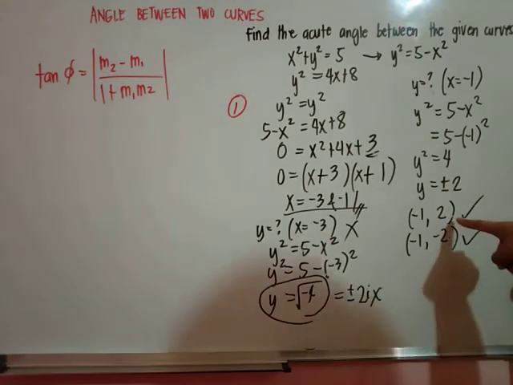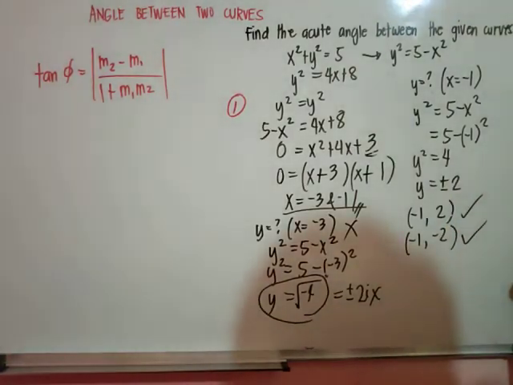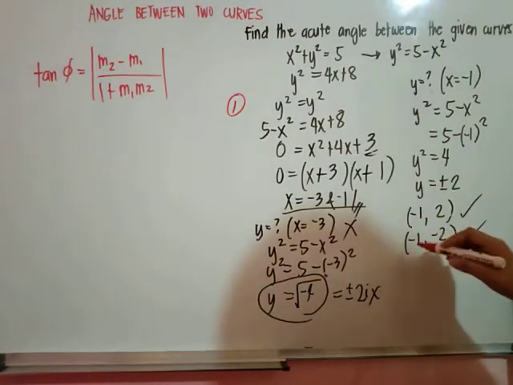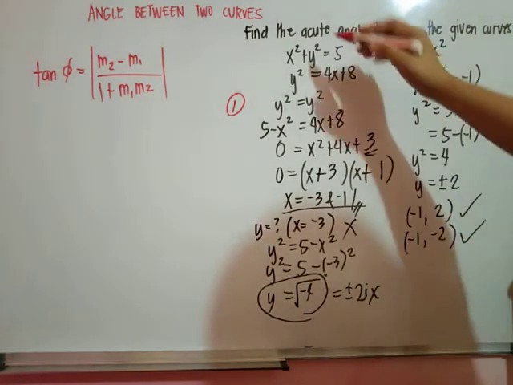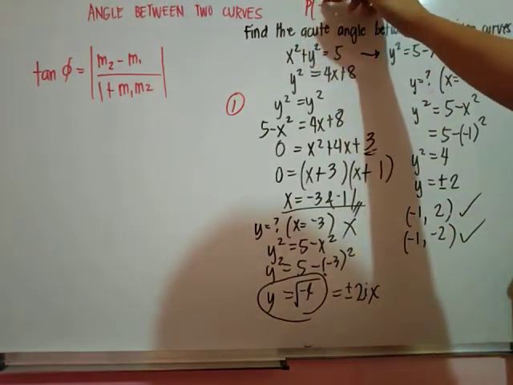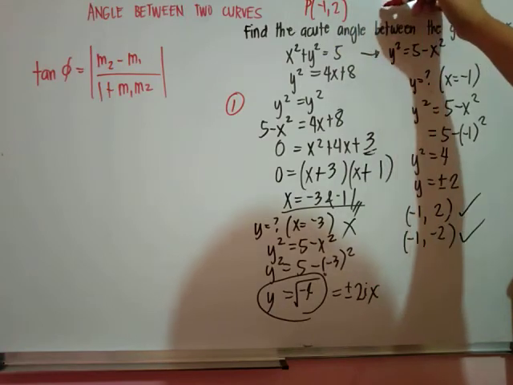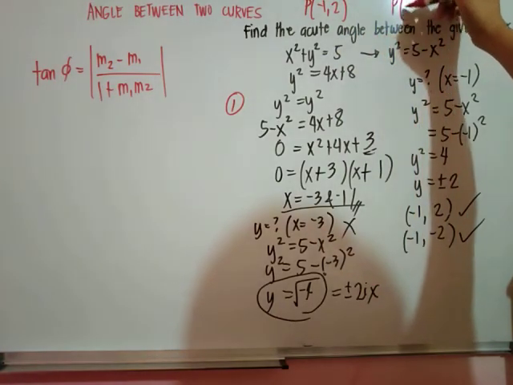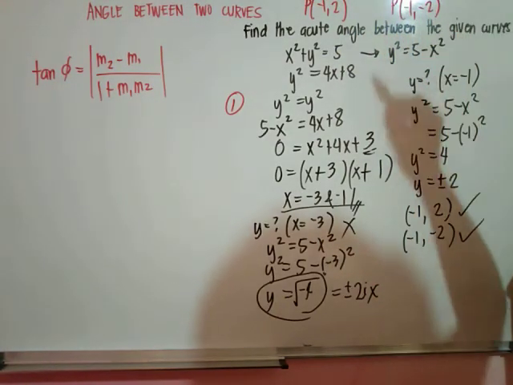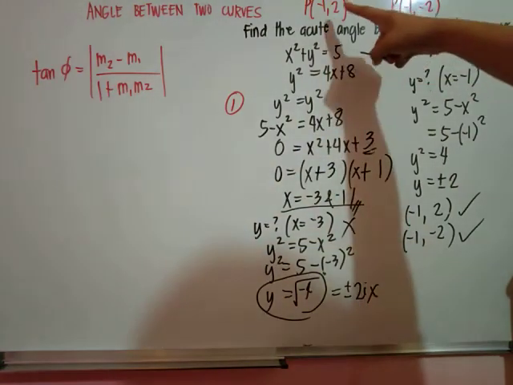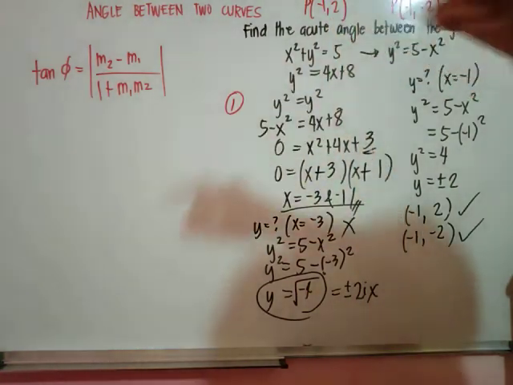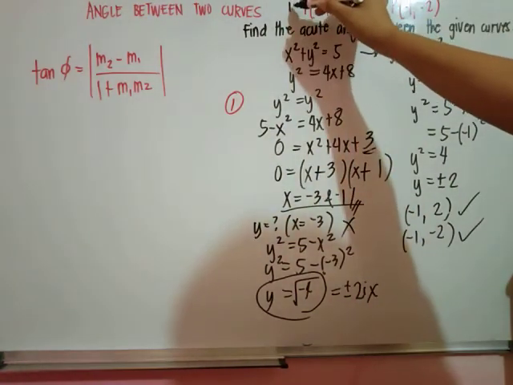I-solve na natin using itong first point of intersection natin na negative 1 and 2. Sunod, ito yung second point of intersection, negative 1, negative 2. So, try muna natin itong pang-unang point of intersection.